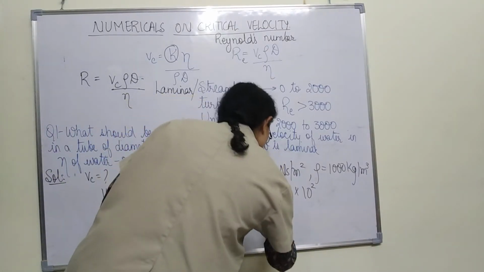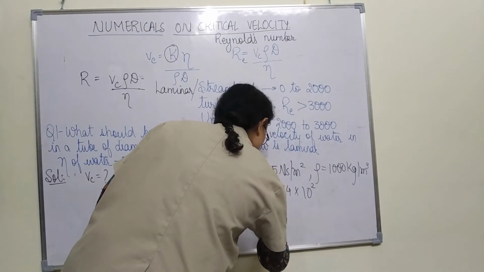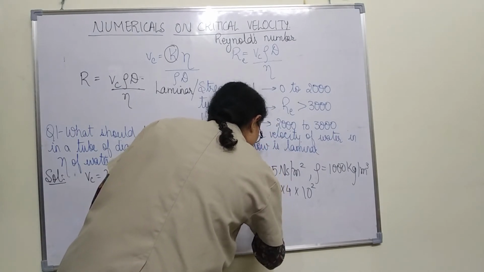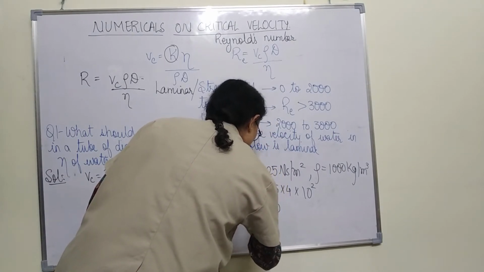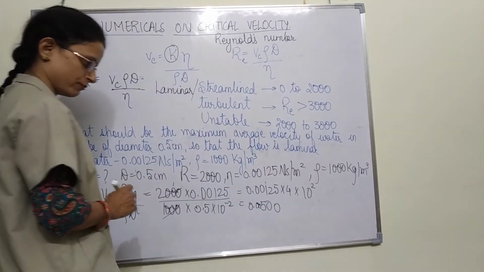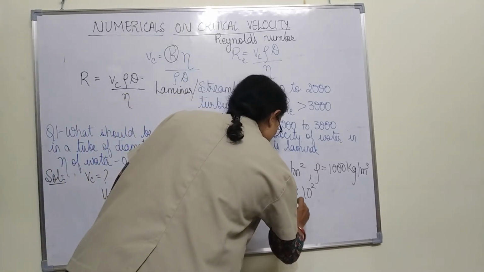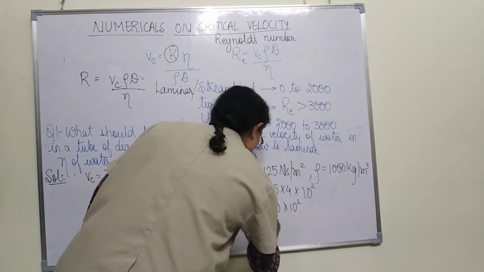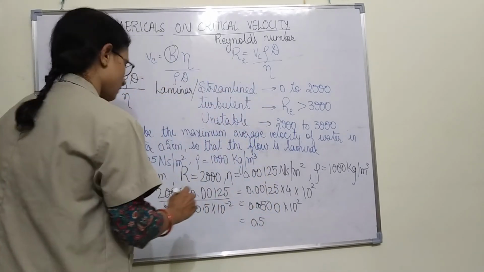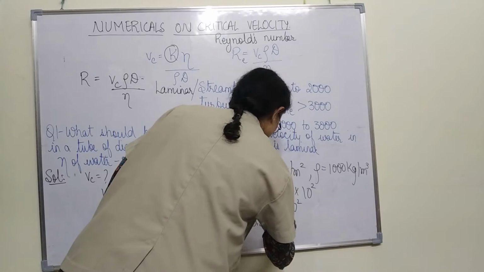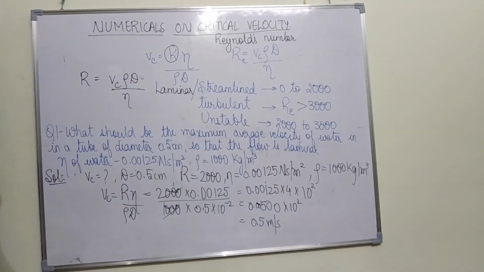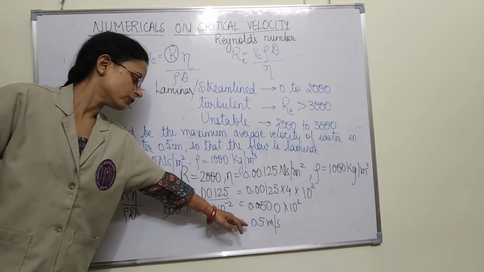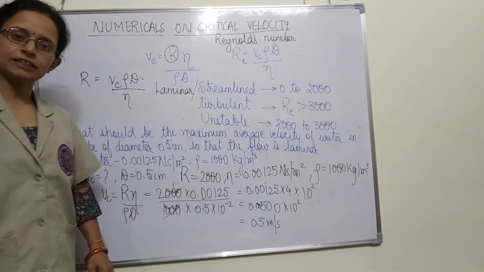So it is 0.005 into 10 raised to power 2, which gives us 0.5 meter per second. So the velocity of the liquid will be 0.5 meter per second.